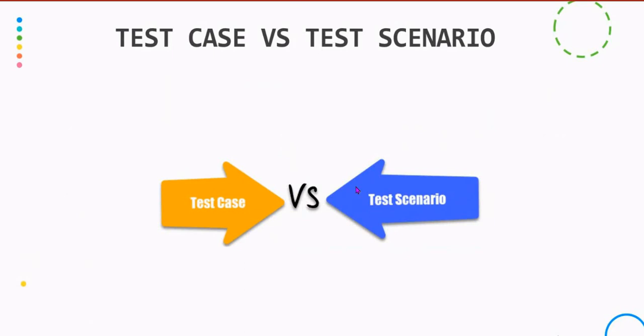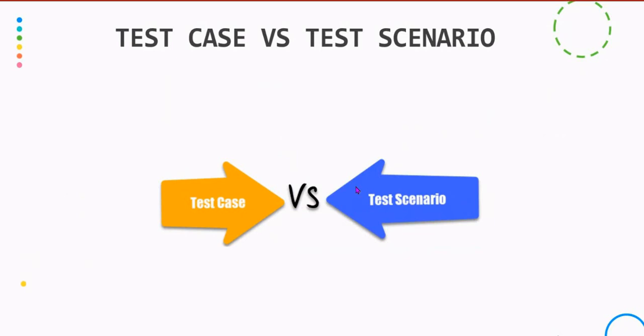Now, what is the difference between test case and test scenario? A test case is a defined format of software testing required to check whether a particular application or software or module is working or not.